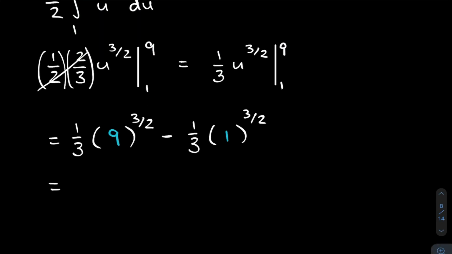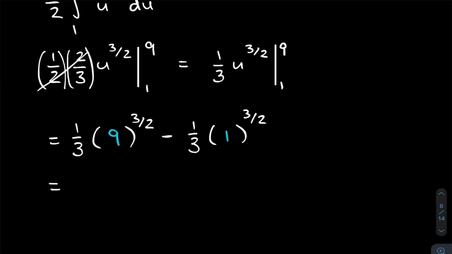And so, we can do this quick here. What is 1/3 times 9 to the 3/2? Well, 9 to the 3/2, you could think of 9 to the 3rd power, but I wouldn't. I would think of what's the square root of 9? That's 3, right? This is power over root, so you have a 9 to the root 2. That's a square root. So this becomes 3, and so it's 3 to the 3rd power, because that's the 3rd power, right?